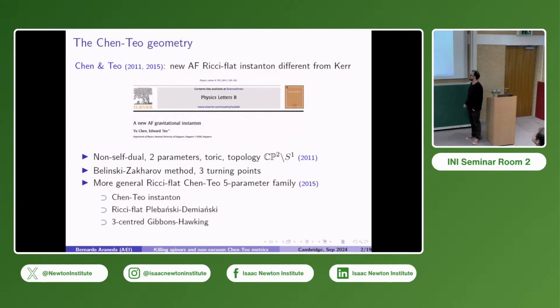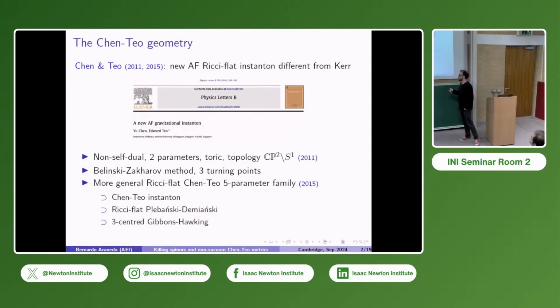More generally, Chen and Teo also managed to find a bigger class of solutions, which is also really remarkable. It's in general not regular, so it's not really an instanton, but it is still a Ricci-flat geometry that is very interesting. I will call it the Chen-Teo family. It depends on 5 parameters.